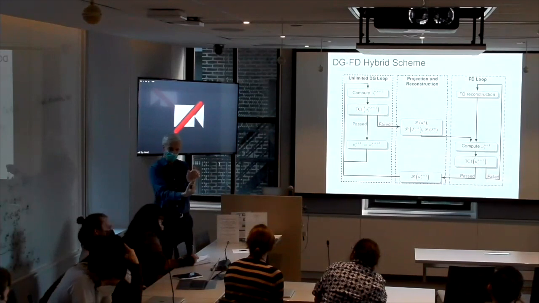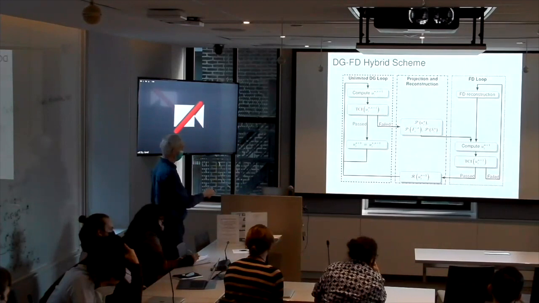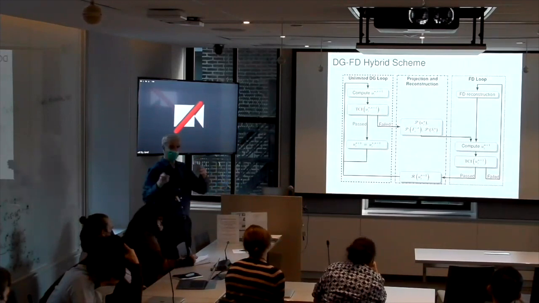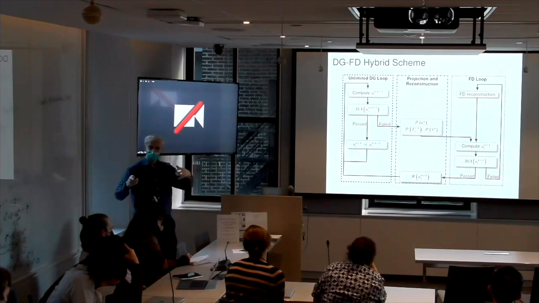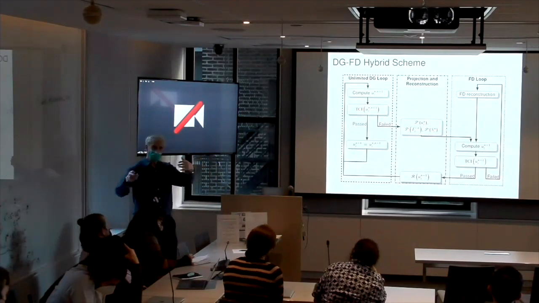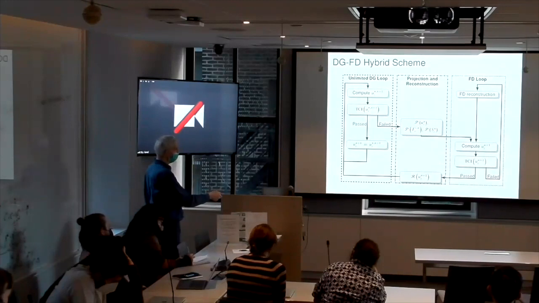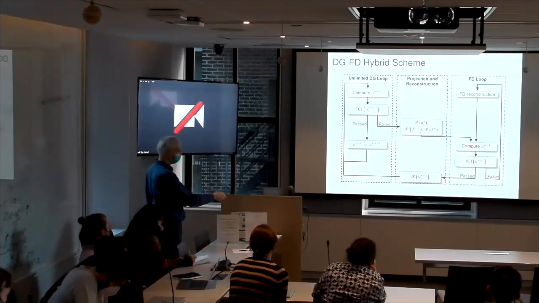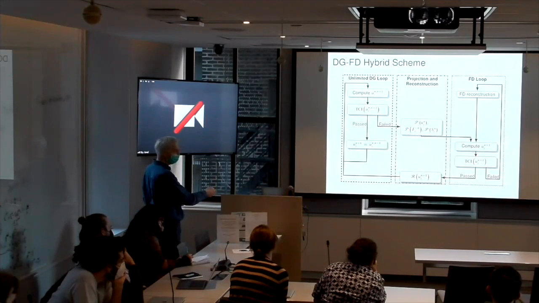You project onto those points, and you use a finite difference step over here with these very robust limiters that we know from doing finite differencing, we then test that to see whether it's good enough to send back, restrict it back to the DG grid and do the DG whenever we can.